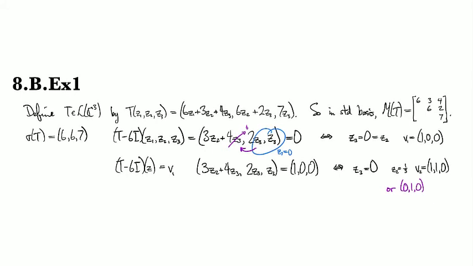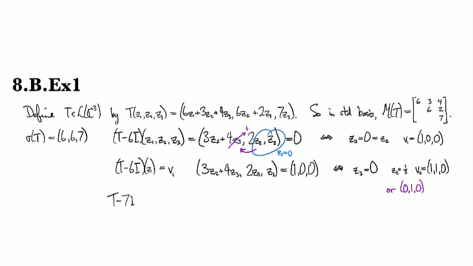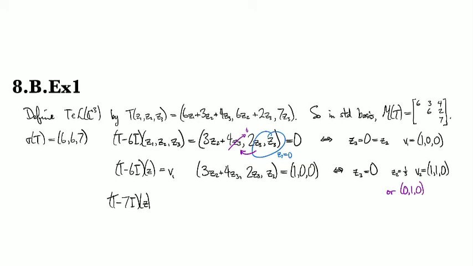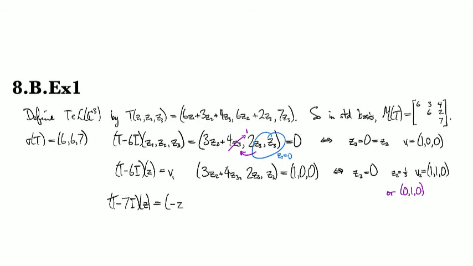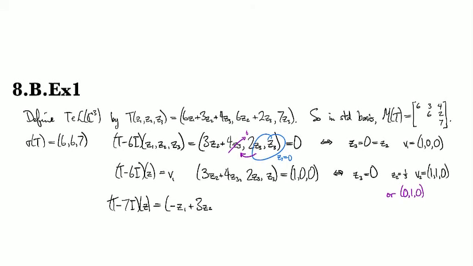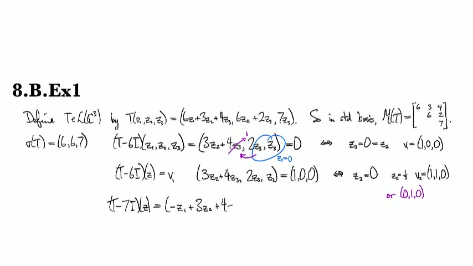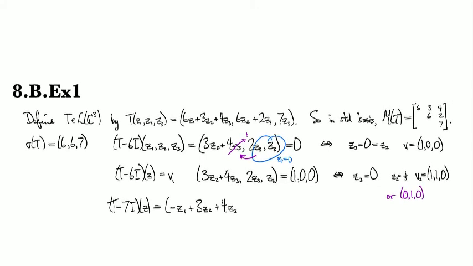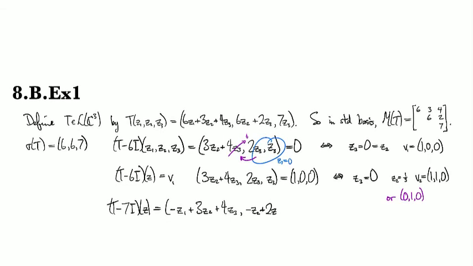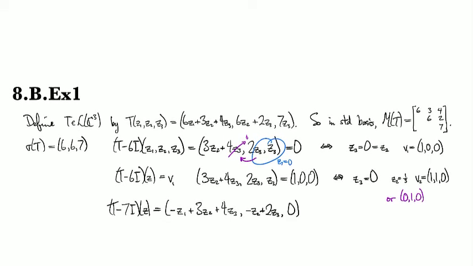So now if I look at T minus 7 identity applied to z, then this is going to be minus z1 plus 3z2 plus 4z3, minus z2 plus 2z3, and 0.